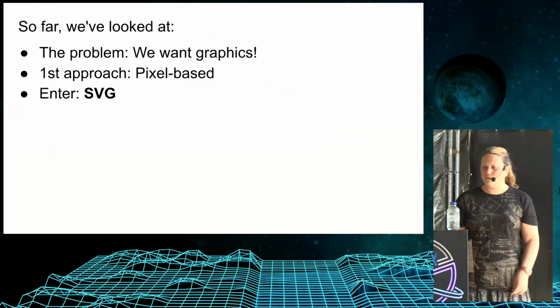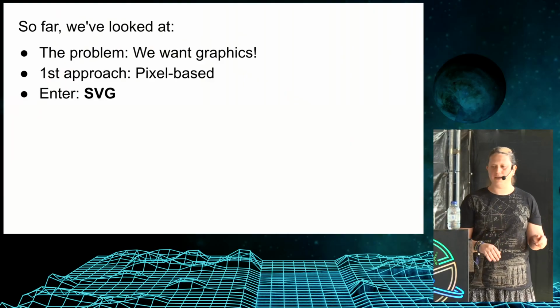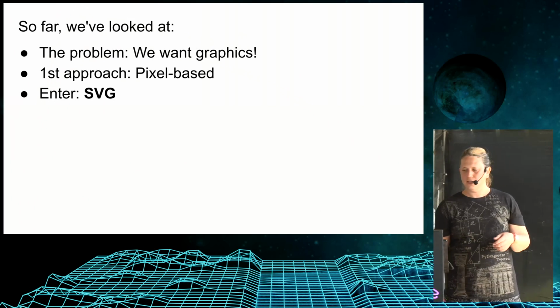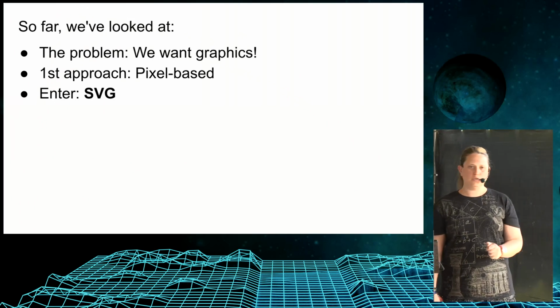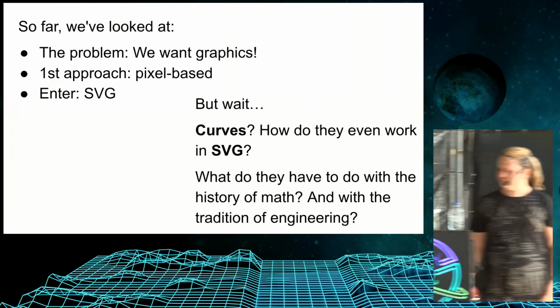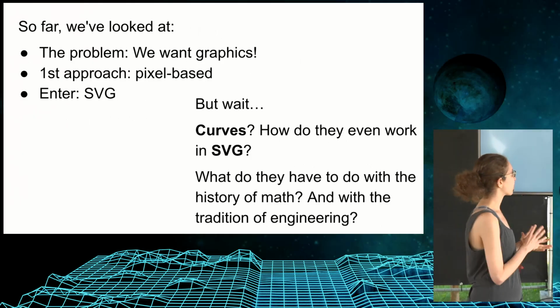So far, we've looked at the problem. We want graphics, specifically web UI. The first approach, the simple raster pixel-based. Then we introduced SVG. Oh, but wait, curves. How do they even work in SVGs?